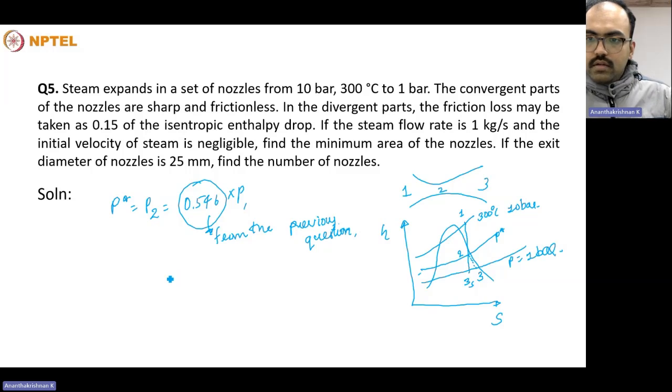That will be equal to 5.46 bars because P1 is equal to 10 bar.